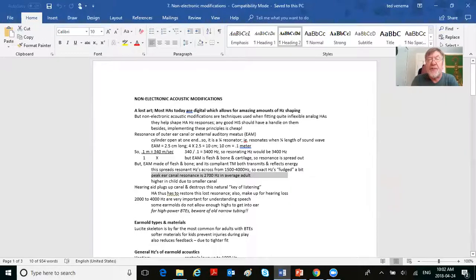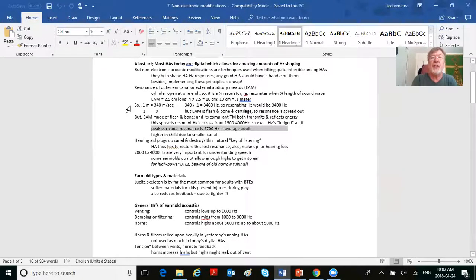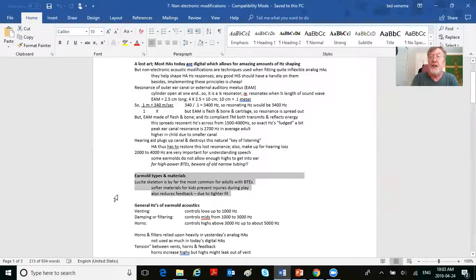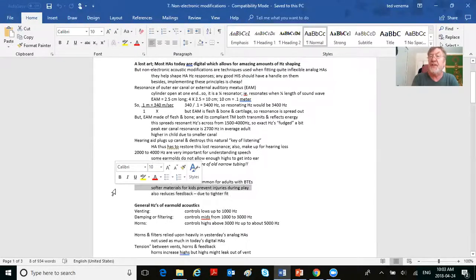So that first part of the page is largely talking about the ear canal as a quarter wave resonator and showing you the emphasis of the high frequency consonants and the outer ear canal resonance naturally helping you hear the highs. In the middle of the page, we're looking at lucite skeleton, softer materials for kids, that's silicone, reducing feedback due to a tighter fit.